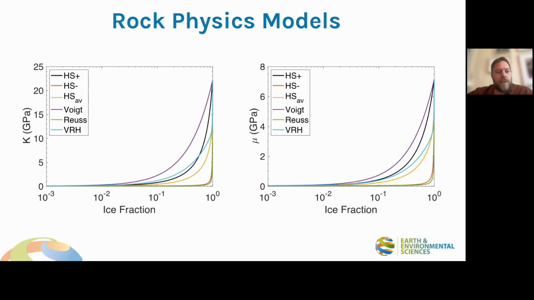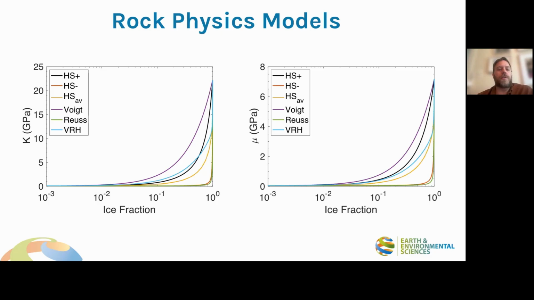So here is an example of a number of different rock physics models, those Voigt and Reuss models that I was systematically representing on the previous slide, and some other models, the Hashin-Shtrikman model, Voigt-Reuss-Hill, which is a sort of averaging of the Voigt and Reuss models.